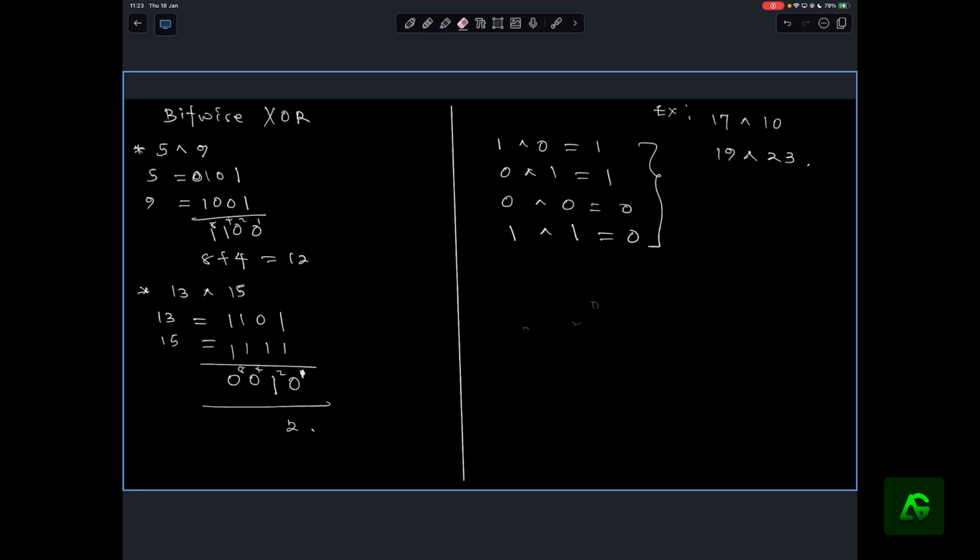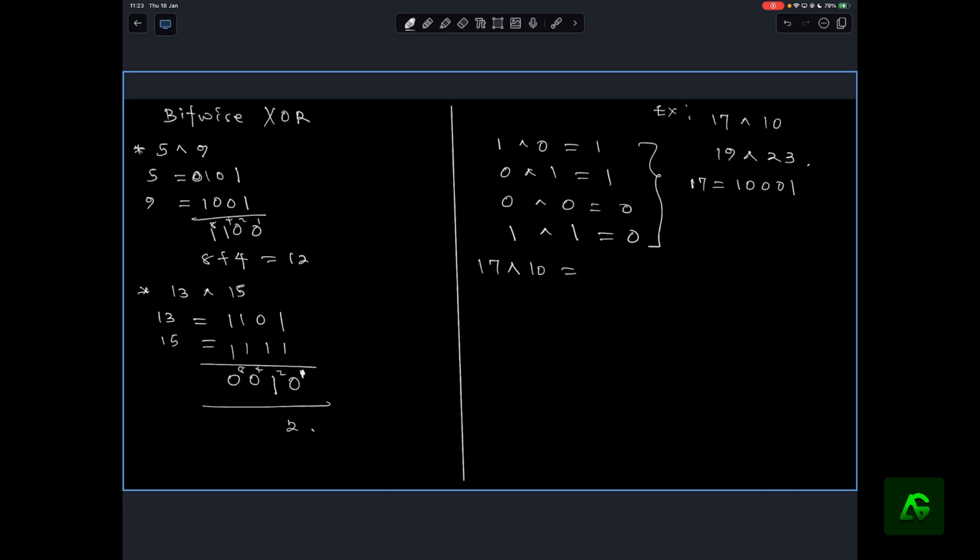So we have 17 XOR 10. We need to convert 17 to base 2. What is the value of 17 in base 2? 10001, right?